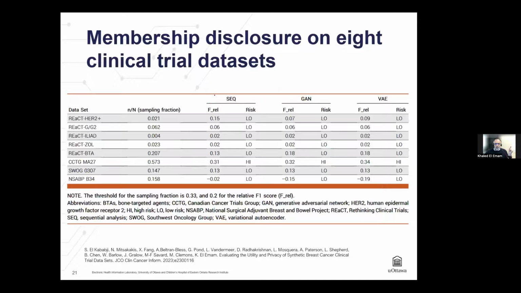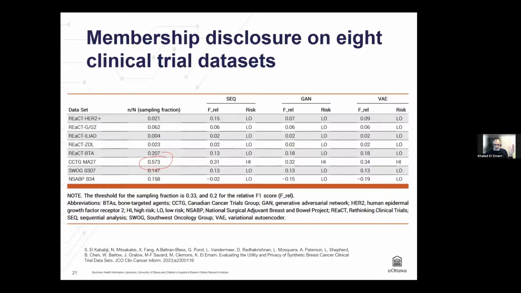And then membership disclosure. Again, for membership disclosure, one trial had very high membership disclosure because the trial represented more than 50% of the population. We define the population as patients who participated at the same time, in the same geographies and trials in the same therapeutic area, and we use clinical trials registries for that purpose.